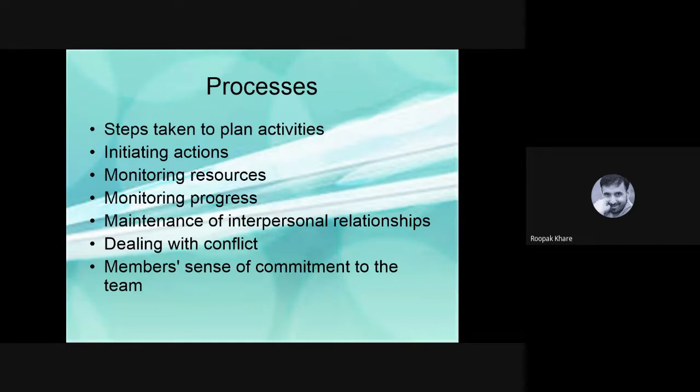Steps being taken to plan activities, initiating actions, monitoring resources, monitoring the progress, maintenance of interpersonal relationships, dealing with conflicts, and members' sense of commitment to the team are all a part of the process that takes place in a meeting.